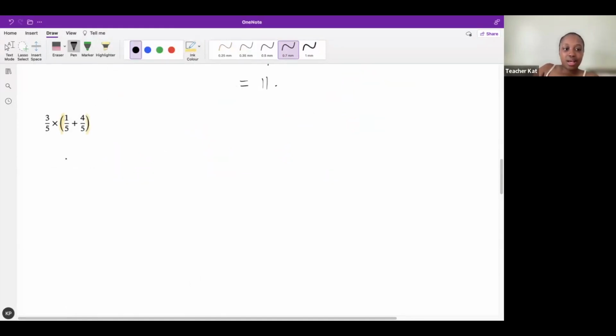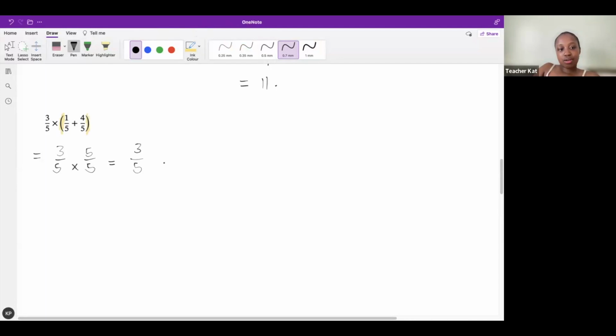Inside my brackets. Now, luckily for us, our denominators are the same, so we don't have to change anything, right? So we have 3 over 5 multiplied by, what is 1 over 5 plus 4 over 5? That is 5 over 5, which can also be rewritten as 1.